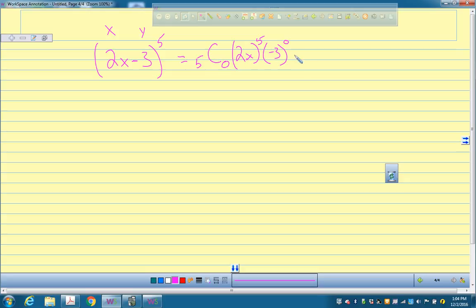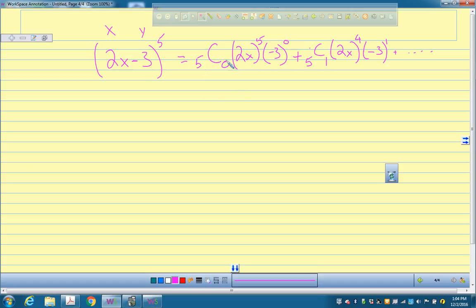Plus, always put a plus sign because this negative sign gets taken care of here, you see? So the next term is going to be 5 combination 1, 2x raised to the 4th power, negative 3 raised to the 1 power, plus dot, dot, dot. I'm not going to do them all, because I don't have time.